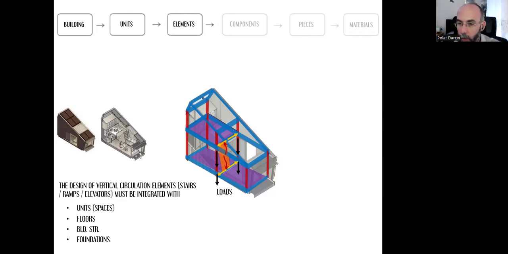So designing a staircase, we need to be careful about these decisions. We need to make decisions about its appearance, its geometrical form, its colors, its location, and its relationship with spaces, floors, and the building structural system, including the foundations, in order to provide a nice load transfer.